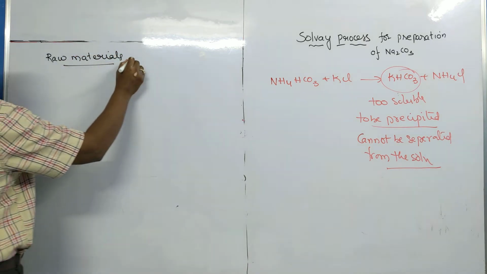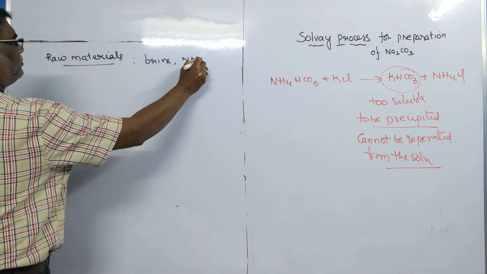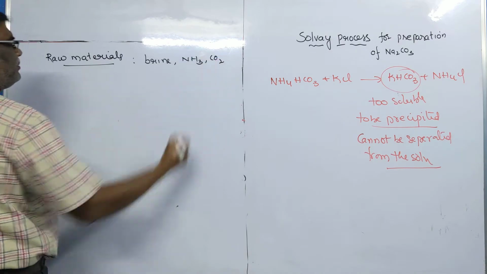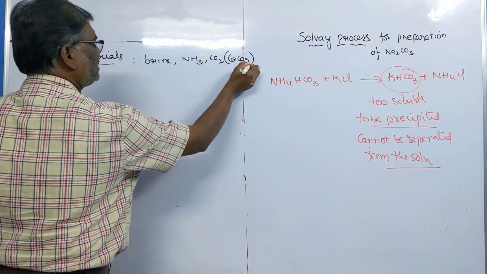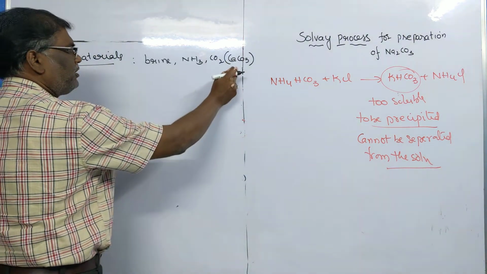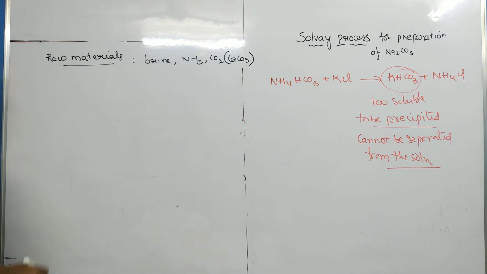The raw materials are brine, ammonia, and carbon dioxide. In the place of carbon dioxide, sometimes they will give CaCO3, because when CaCO3 is heated strongly, we will get carbon dioxide. These are the raw materials.